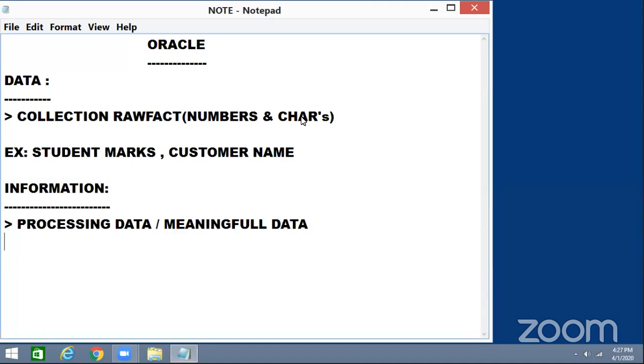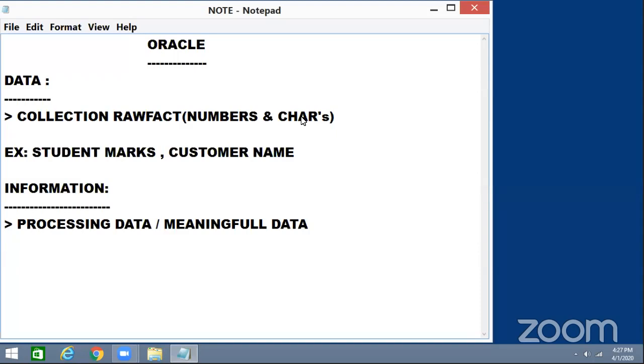For example, information about a student is not only marks but also student ID number, student name, subject, individual subject marks, total marks, rank number, and address. The complete information about a student.